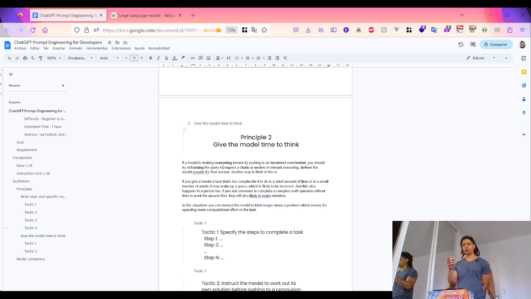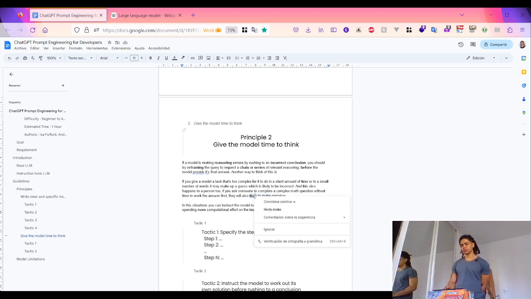If you ask someone to complete a complex math question without time to work out the answer first, they will likely make mistakes.